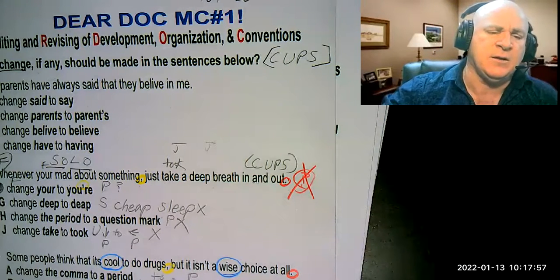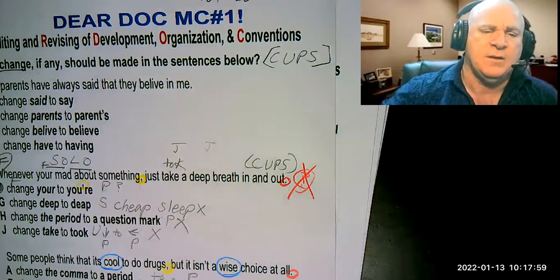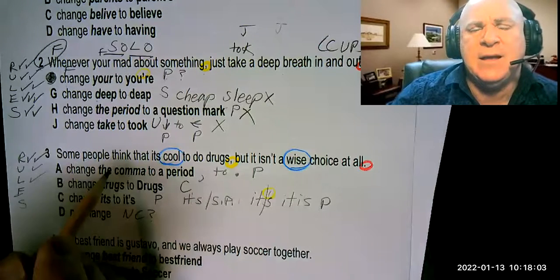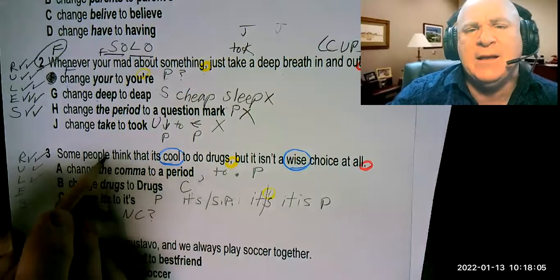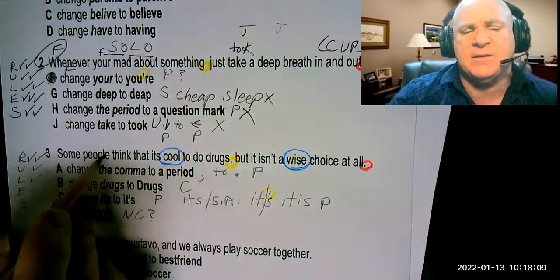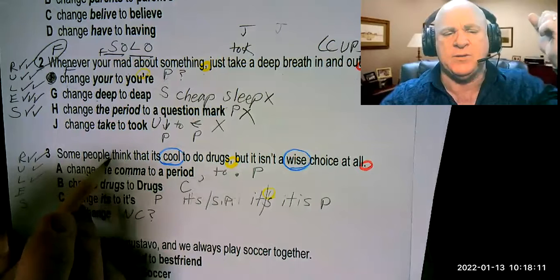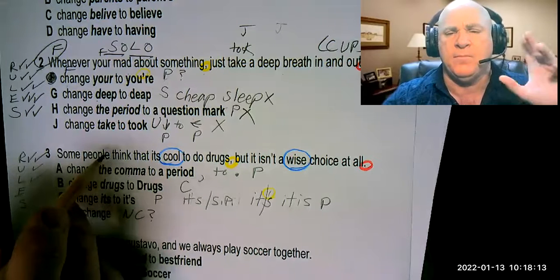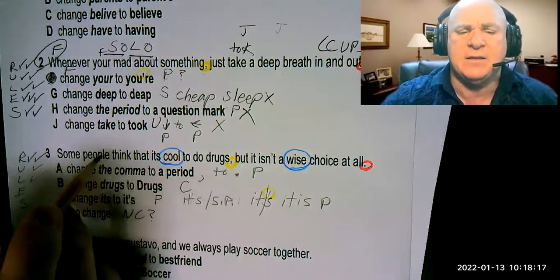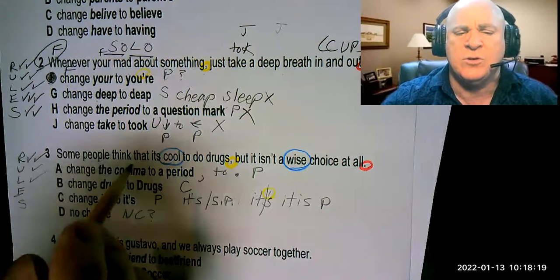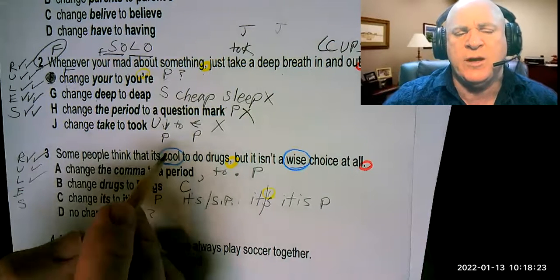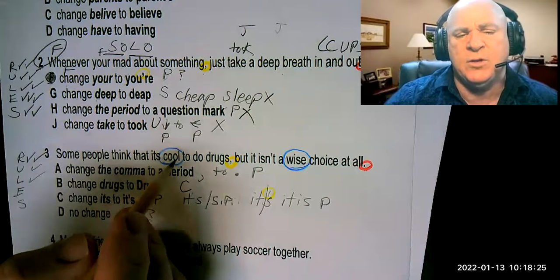So let's take a look at number 3, where we can just, as I mentioned, climb an overpass. Just look at the sentence and practice the skill. Capital. Some, plural, people, plural, think that it's cool, and I circled the word cool with a blue circle because I want to make sure I introduce fact and opinion.